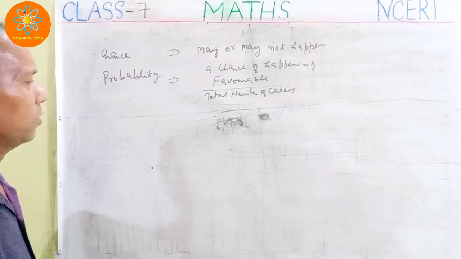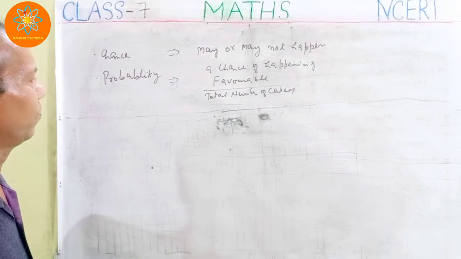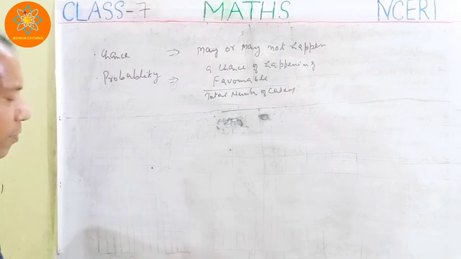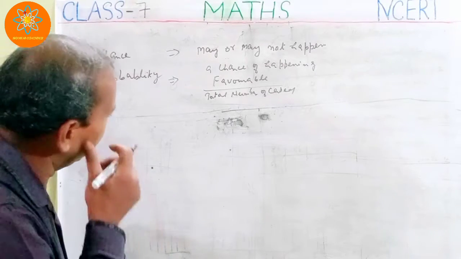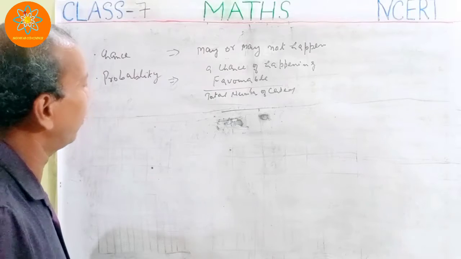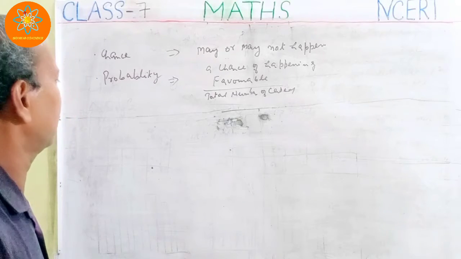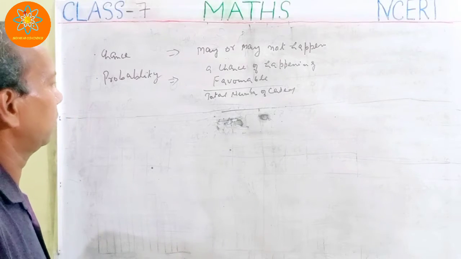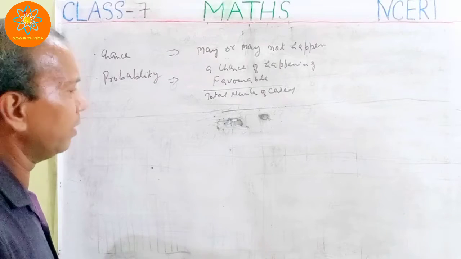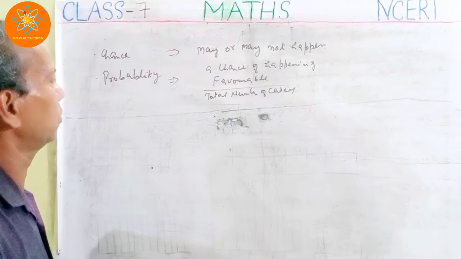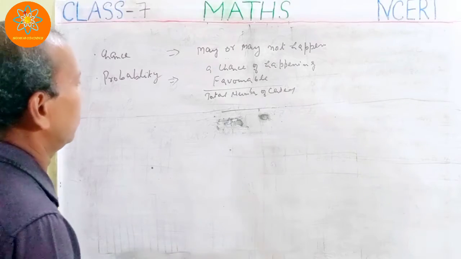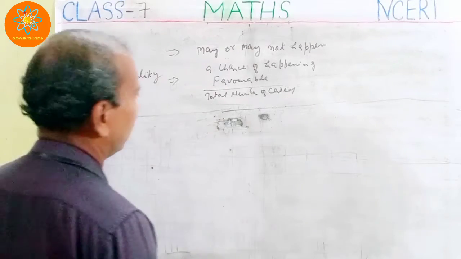So let's suppose I have two coins and I toss them, and I want to find how many times head and head will appear on both coins.